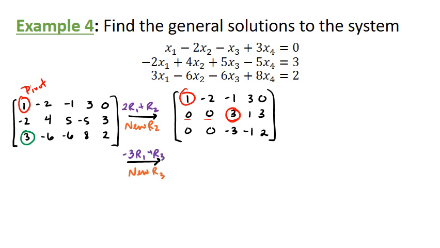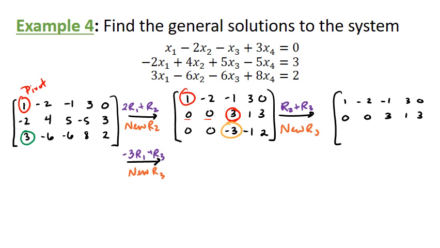So I am going to attempt to make this 0. And that's actually quite simple in this case, because all I need to do is add row 2 to row 3, and that will become my new row 3. So I end up with 1, -2, -1, 3, 0. Row 2 stays the same.